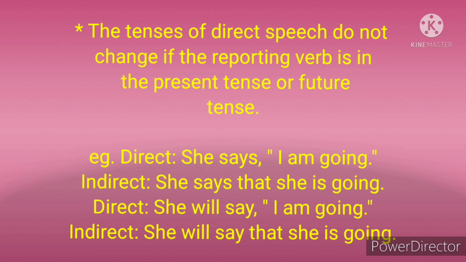She will say that she is going. Am agrees with the subject I in direct speech and is agrees with the subject she in the indirect speech. But both are present continuous. It is not changing because the reporting verb is future tense.